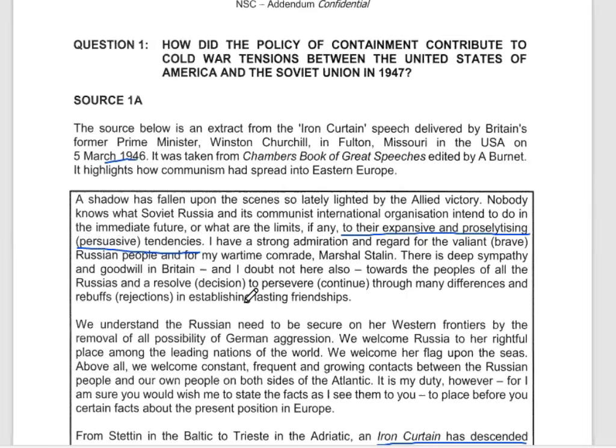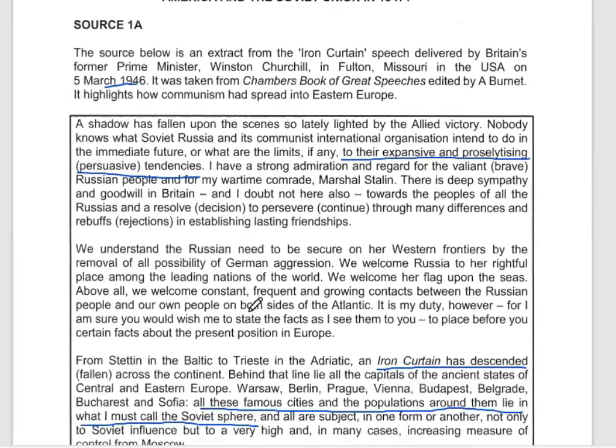Source 1A is telling us that Russia was adopting an expansive and persuasive tendency across Europe. How is it portrayed here?